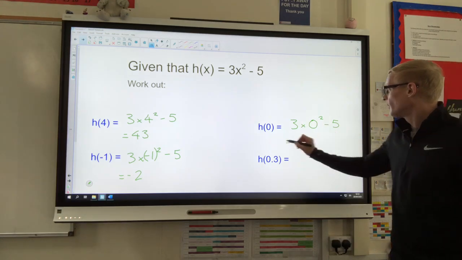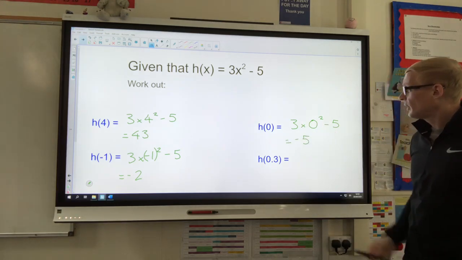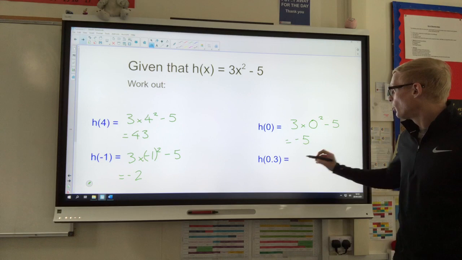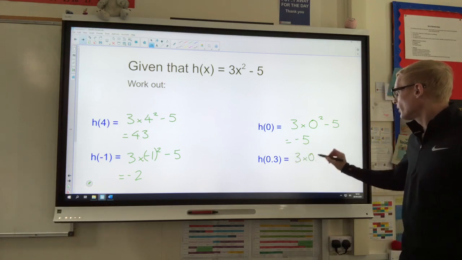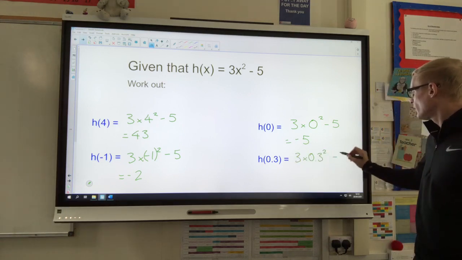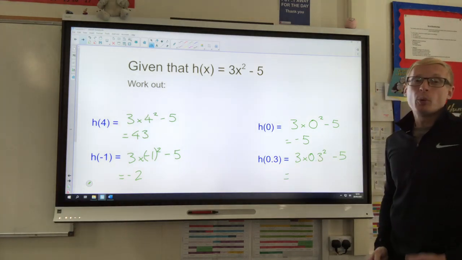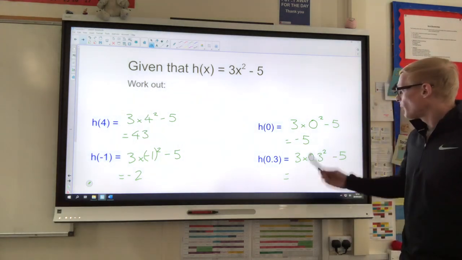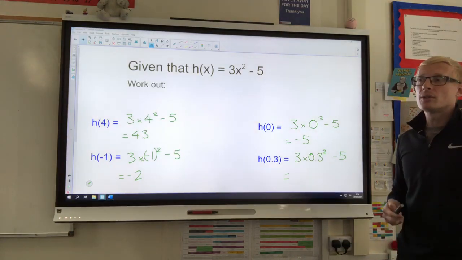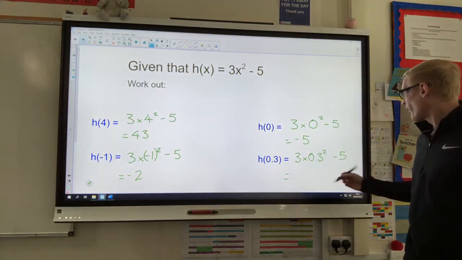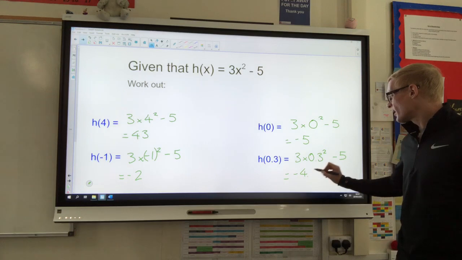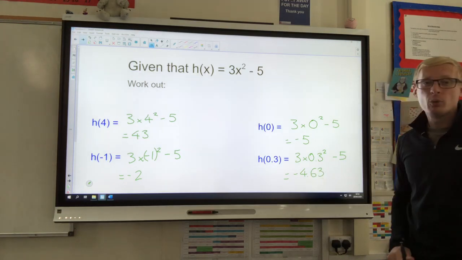Nothing there, so take away 5 is negative 5. And finally, again, with 0.3, 3 times 0.3 squared, take away 5. 0.3 squared is 0.09. Times by 3 would be 0.27. Take away 5 is negative 4.63. So that would be your answer there.